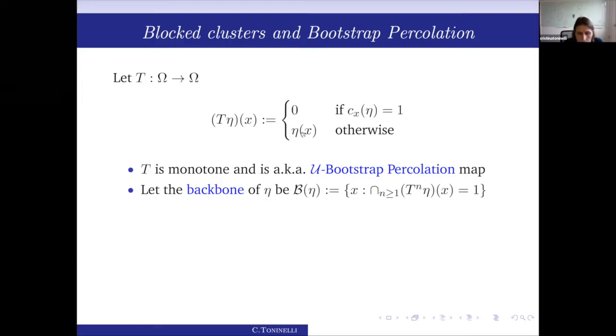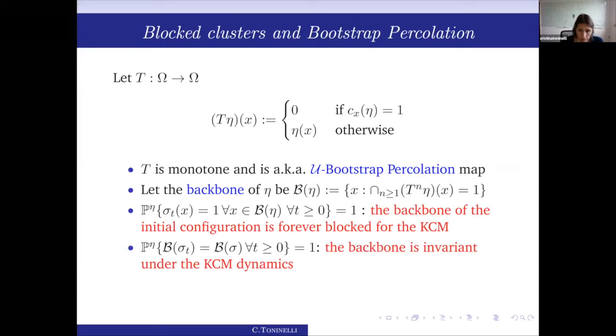And now the key easy observation is that if I denote for a given configuration eta by B of eta the backbone, the set of sites which remain occupied at the end of the infinite iteration of the Bootstrap Percolation Map, then if I consider my KCM, my stochastic dynamics, started from the same configuration, all the sites of this backbone remain forever occupied, can never be emptied.